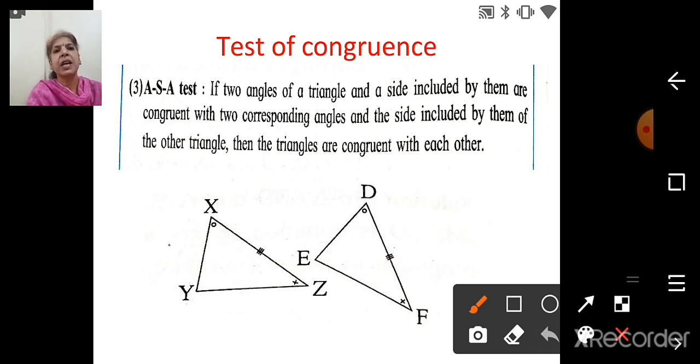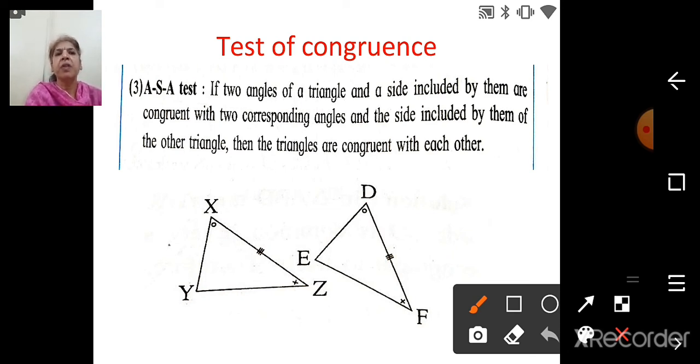And you can see the marking: angle X and angle D have identical marking, and Z has the identical marking of F. So two angles X and Z, and the included side is XZ. Same way here, angle D, angle F, and the included side is DF.